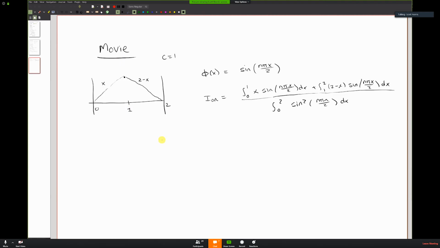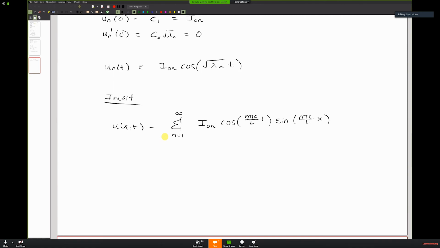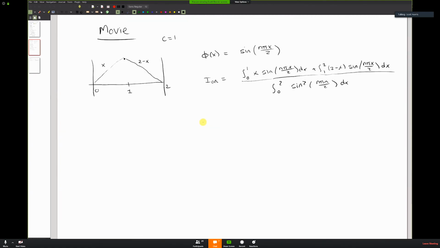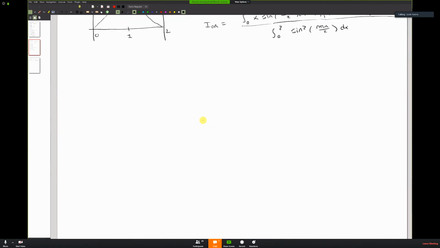Let's talk about this solution a little bit. I'm gonna copy and paste it again. Where'd it go?